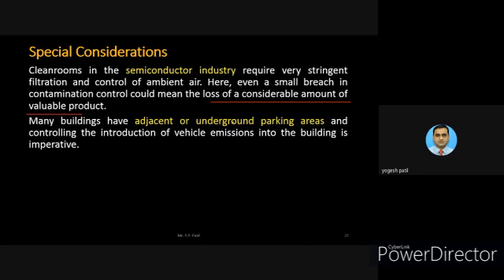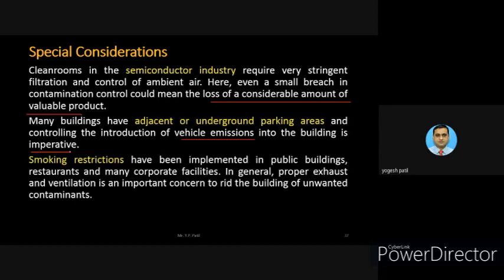Many buildings have adjacent or underground parking areas, and controlling the introduction of vehicle emissions is imperative. Obviously there are many vehicles over there, and they emit carbon dioxide and other emissions into the building. So in this particular section we are required to implement the exhaust and ventilation system.